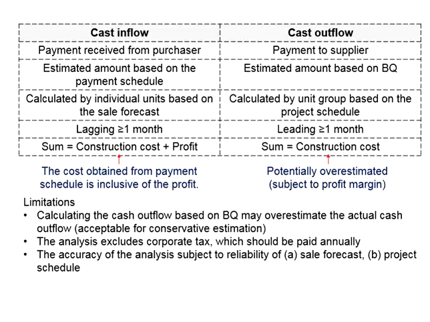Therefore, personally, I will go for a more conservative estimation, where the estimated amount shall be based on the bills of quantities, knowing that it is potentially overestimated because of the profit margin.